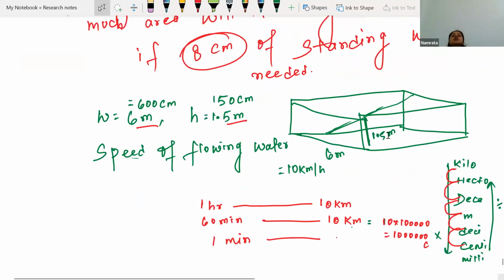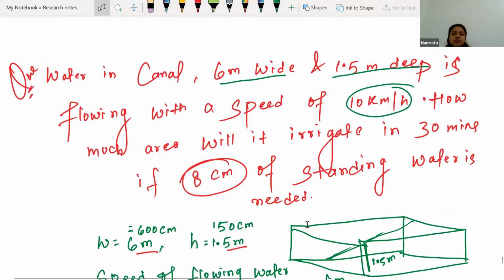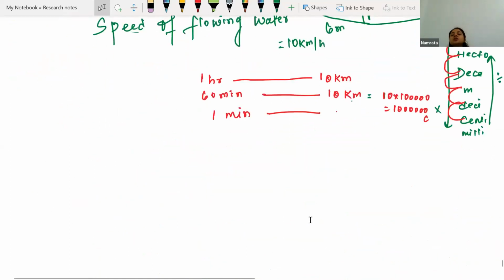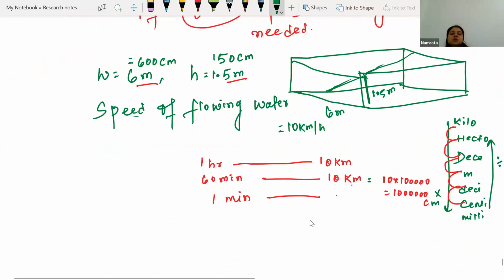Or you can also keep all the units in meter only. It's completely up to you. Here, no unit is given that we have to keep. So you can keep all the units in meter, whatever is given in centimeter you can convert in meter, and kilometer you can keep in meter. Either keep everything in meter, or if you want, keep everything in centimeter. So this is what we will be getting over here, this much centimeter, or you can go ahead with the meter also.